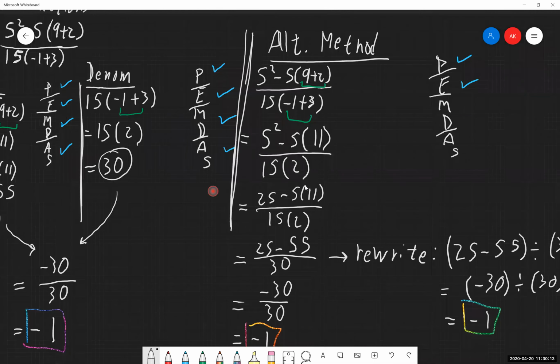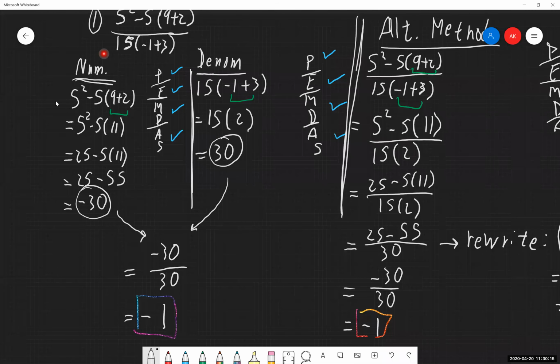If you would like to split it apart, solve the numerator, solve the denominator, and then bring them together, you can do that also. I am indifferent as to which methodology you use for these problems. It's your choice, and I'm fine with whichever one. Just make sure you have your work neat and organized, and I can follow each of your steps. Okay?